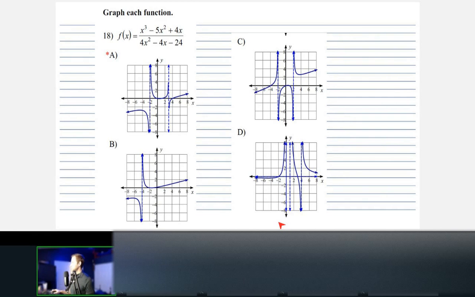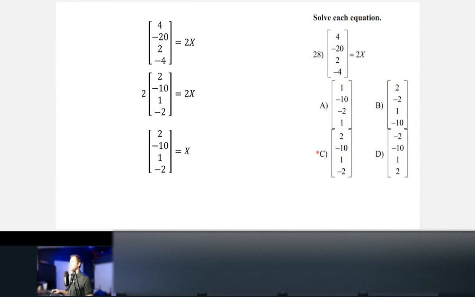All right, what else? All right, easy problem. Everyone who worked on this during the weekend probably discovered this was rather easy. We have a matrix equals 2 times a matrix.